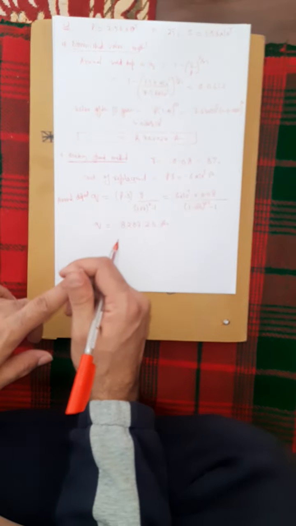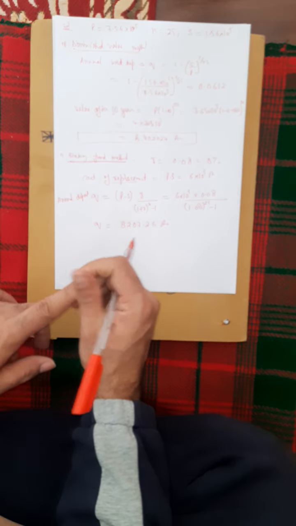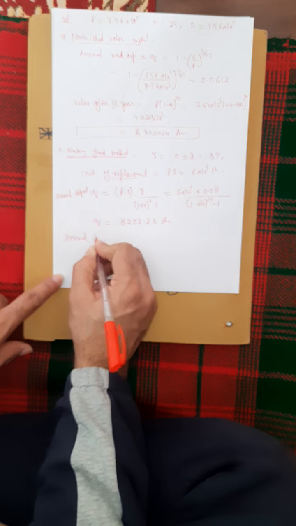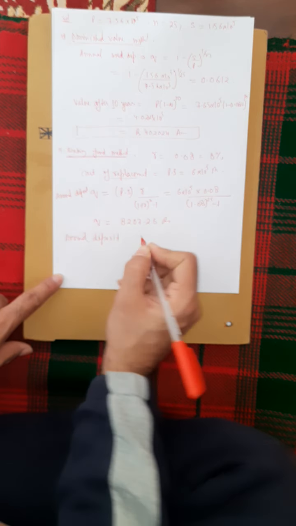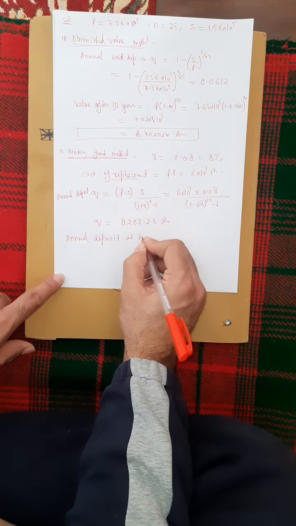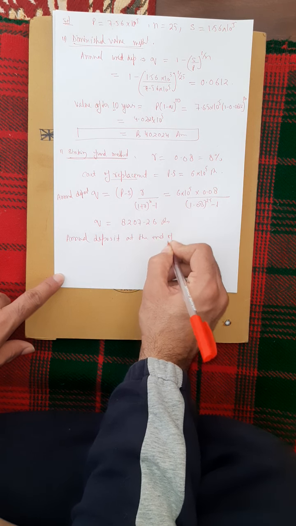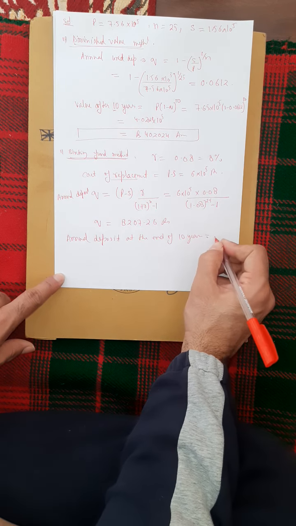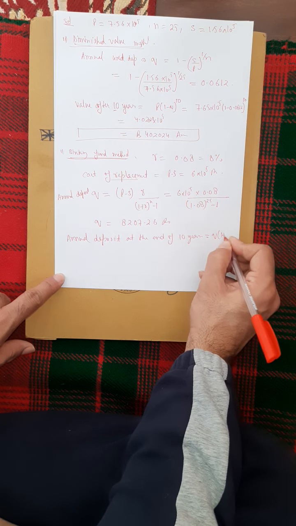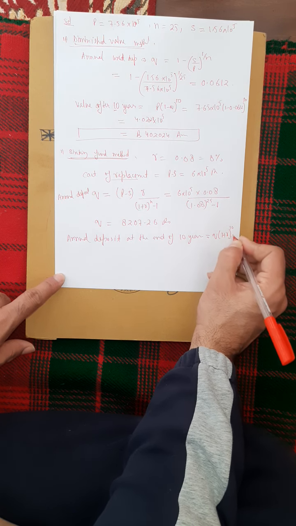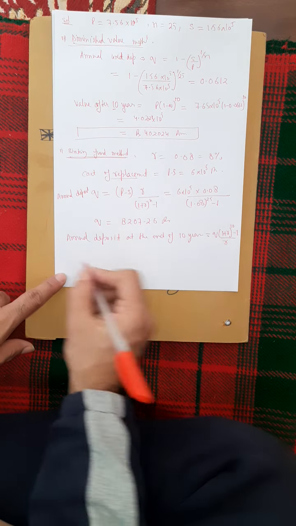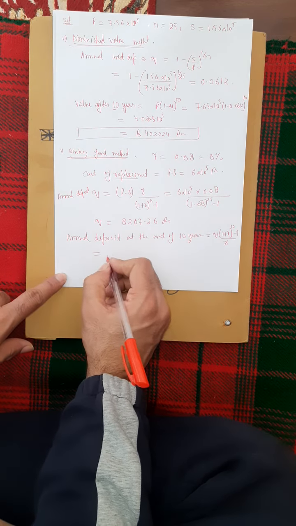So what will be the amount accumulated at the end of 10 years? It will be Q into 1 plus R raised to the power 10 minus 1 divided by R. These formulas we have derived in the previous lecture.